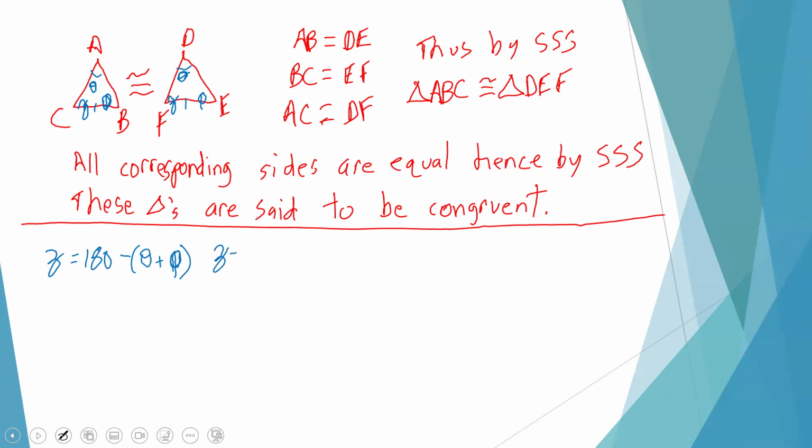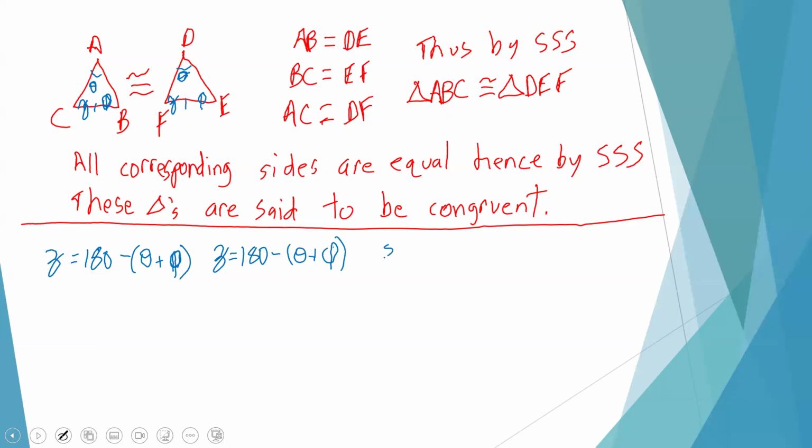It is 180 minus theta plus phi. Okay. So using the idea that I know that gamma is the same because I know that theta and phi are the same, then let's see, what would I know?